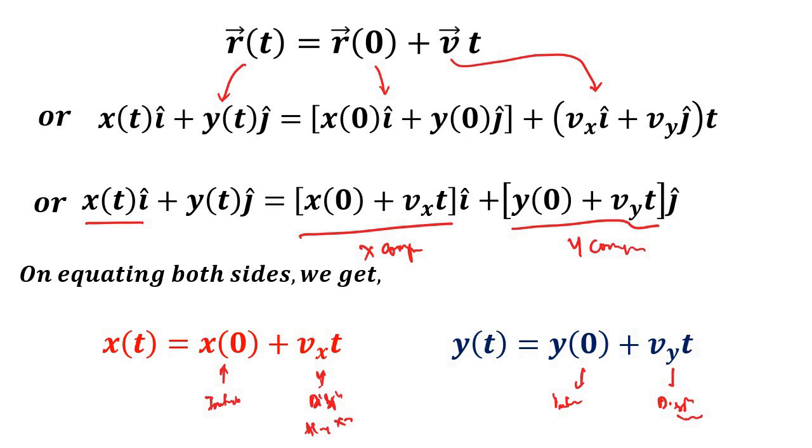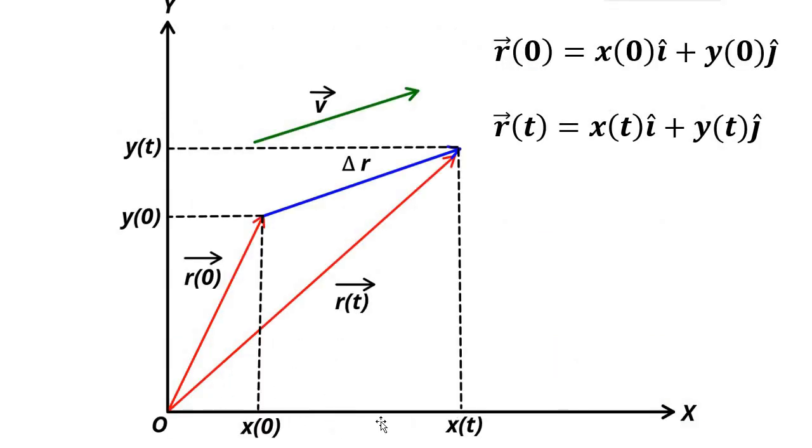Here, see, this is along the x-axis, this is the final position along x-axis, this is the initial position. This is the initial position x0, this is the final position xt, all measured with respect to the origin.